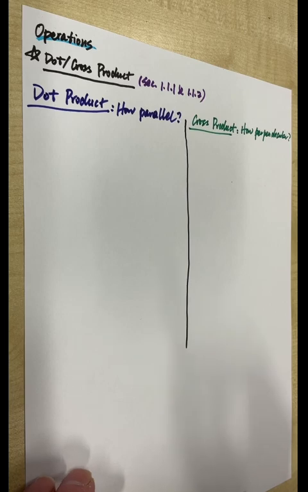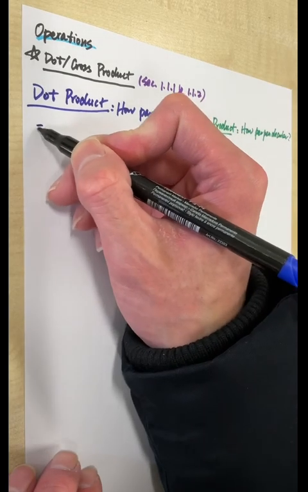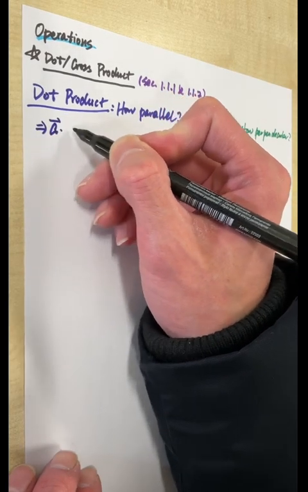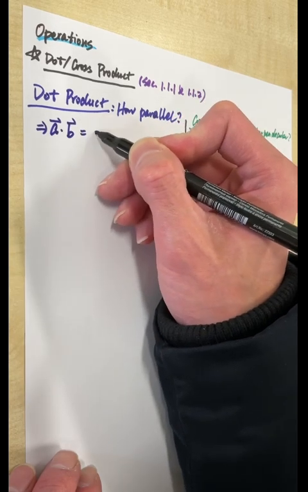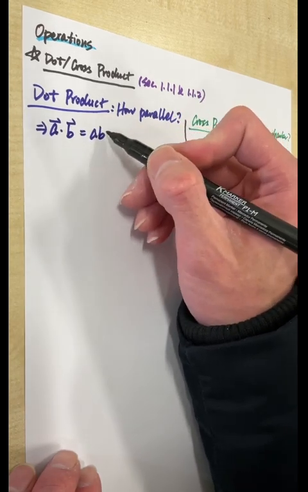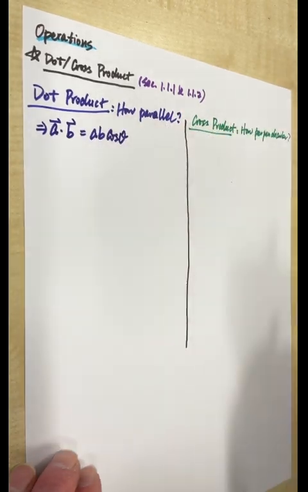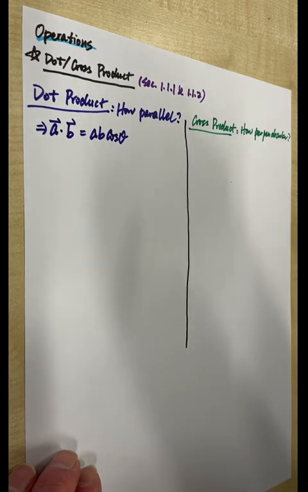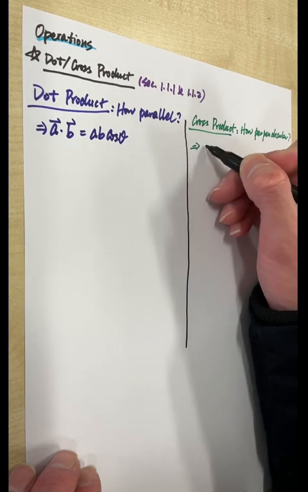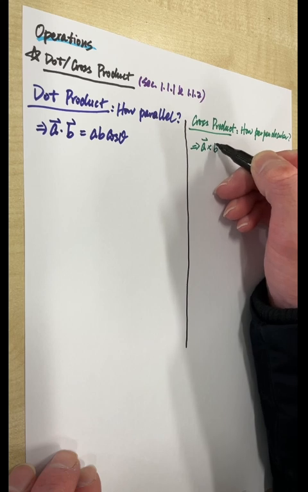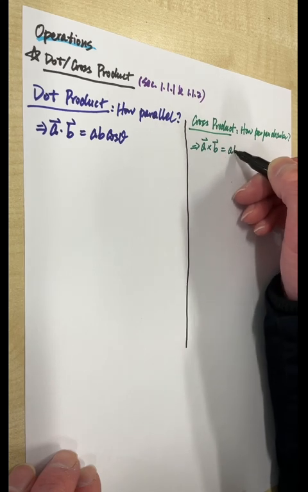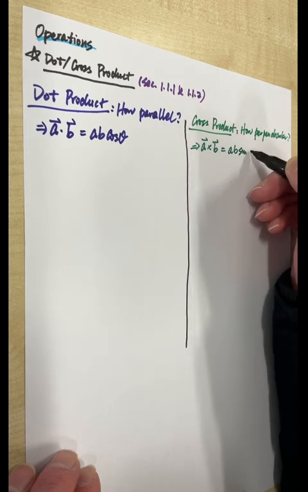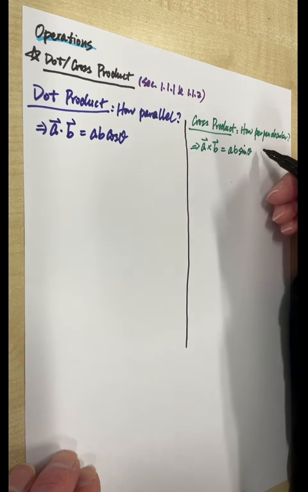So for dot product, by definition, we have A dot B equals AB cosine theta, which is a scalar. And then for cross product, we have A cross B equals AB sine theta, and then a unit vector.